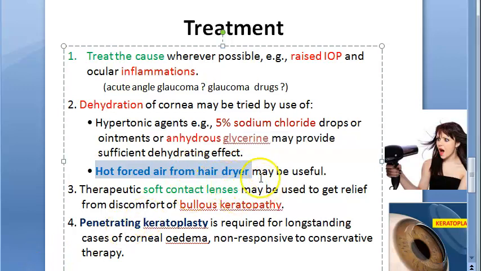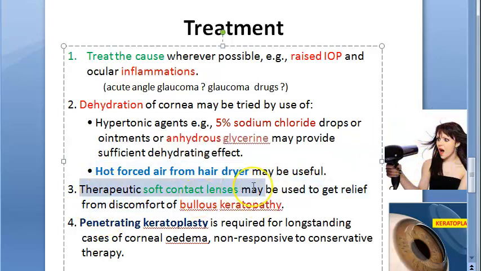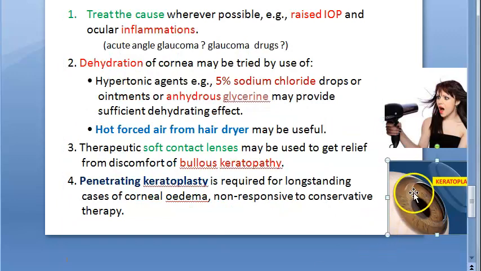This sounds scary, guys. Don't try too much of it. And this sounds like there's too much force in it. And a therapeutic soft contact lens to get relief from the discomfort of bullous keratopathy. Penetrating keratoplasty, where nothing is working, you replace the cornea.